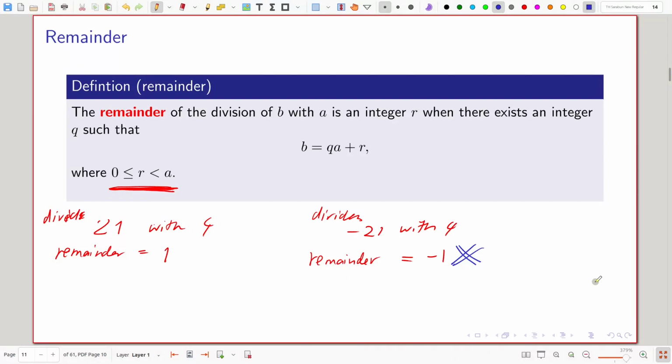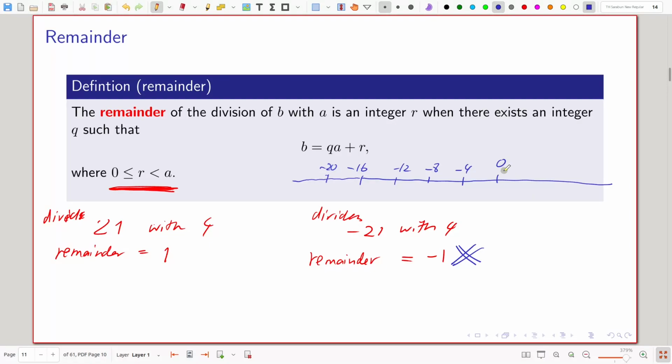So in this case, let me draw you a picture. I'll be quick. This is 0, and this is minus 4, minus 8, minus 12, minus 16, minus 20.